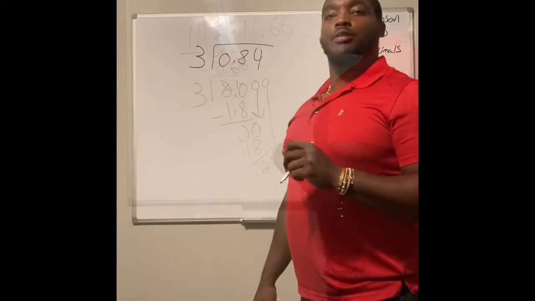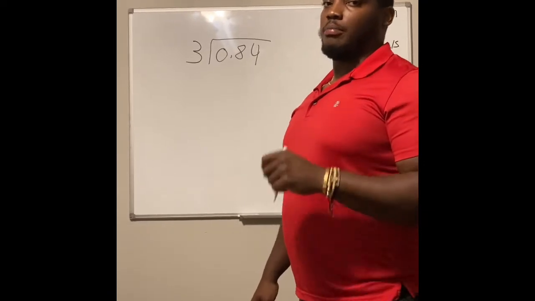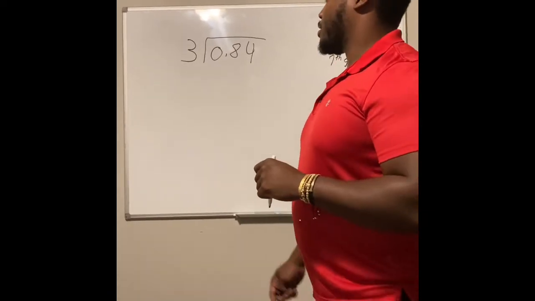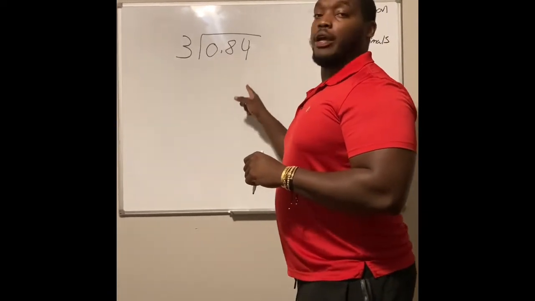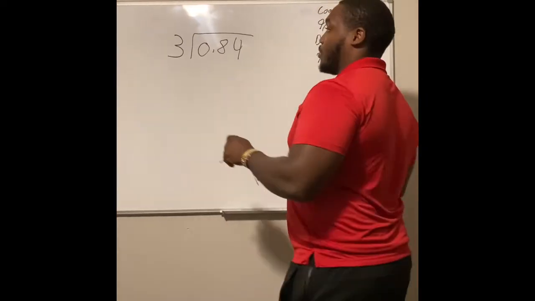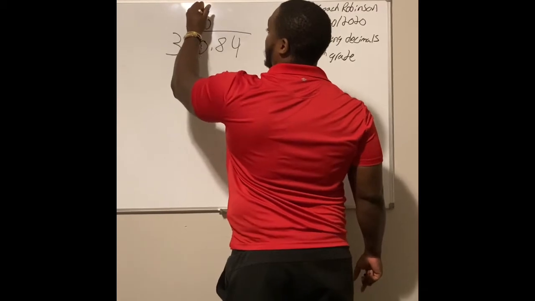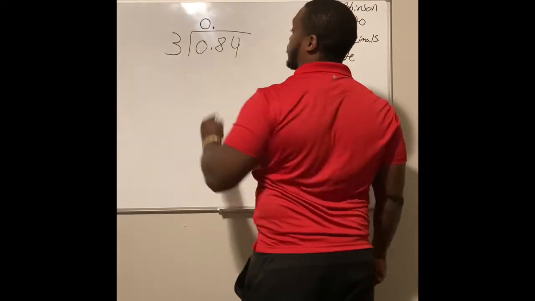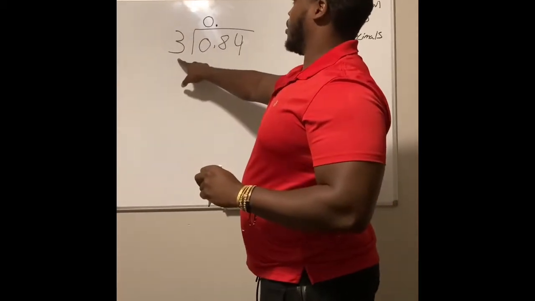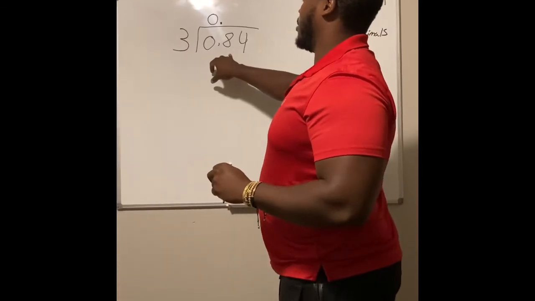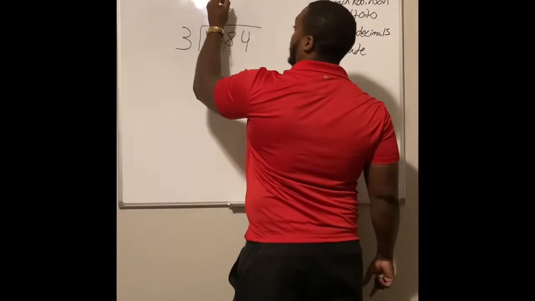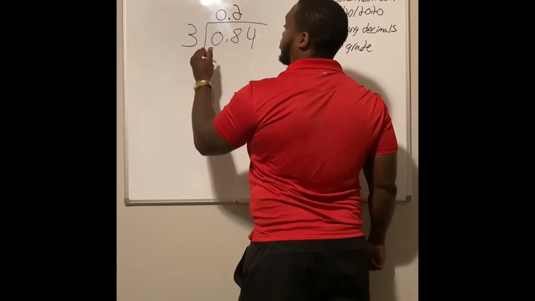Okay. So now I'm going to show y'all how to divide a decimal by a whole number. So in this case, 0.84 divided by 3. Now we know 3 cannot divide into 0, so therefore you put a 0 here and you put your decimal right next to it. 3 can go into the number 8, 2 times. 3 times 2 is 6.